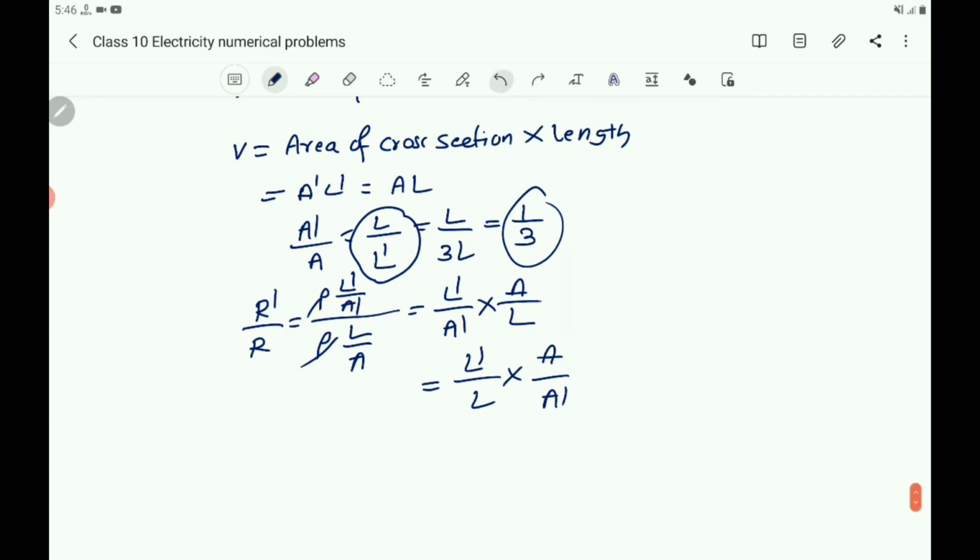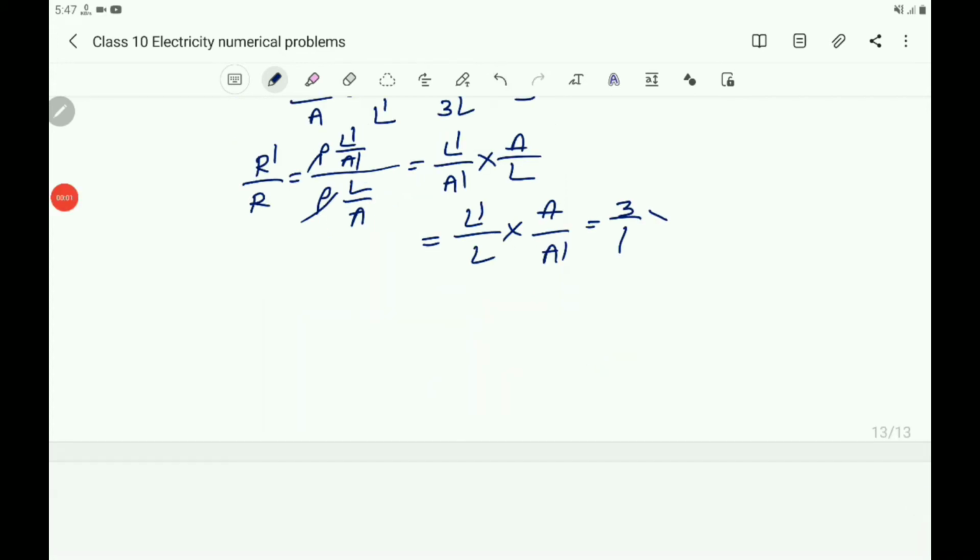So both are equal to 3 by 1. So it is 3 by 1 into 3 by 1, that is 9 by 1. So you got that R dash by R equals 9 by 1. So R dash equals 9R.